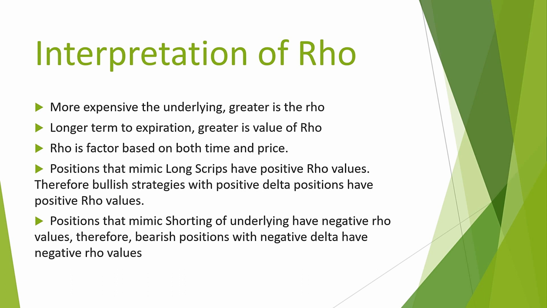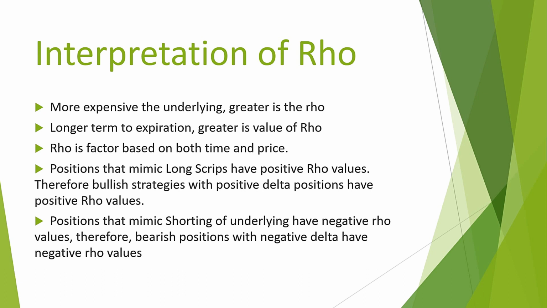In longer term to expiration, greater is the value of rho. This is the same. Longer duration of interest will be more. Similarly, for longer duration to expiry, rho value will also be more. Rho is a factor which is based on time and price.